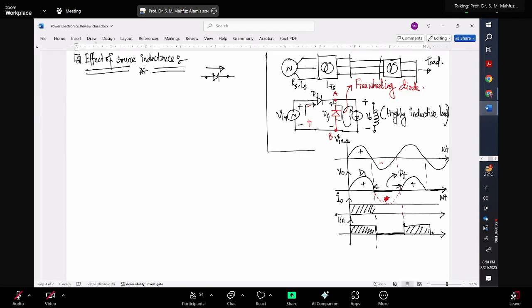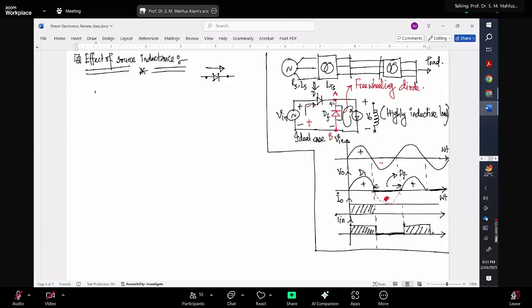So now let us see the same circuit when we have a source inductance, because that should be the practical case, right? Here we were considering an ideal case, with no source inductance between the input and the output or load side. Now see what happens for the same circuit when we consider the source inductance.